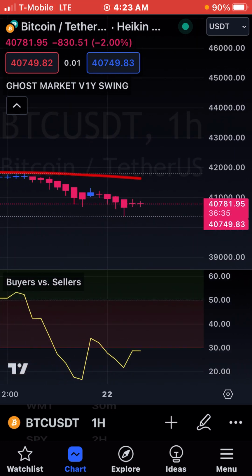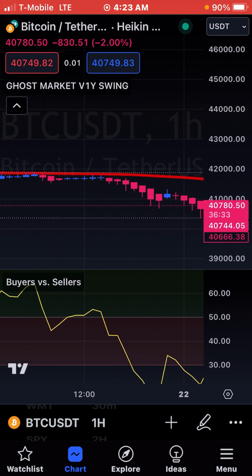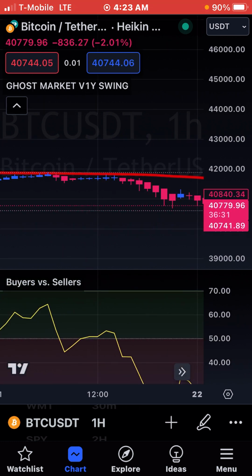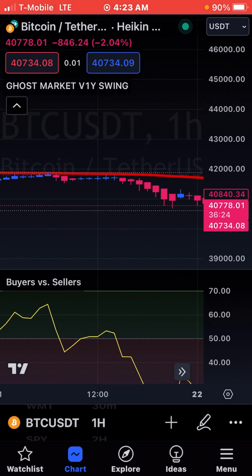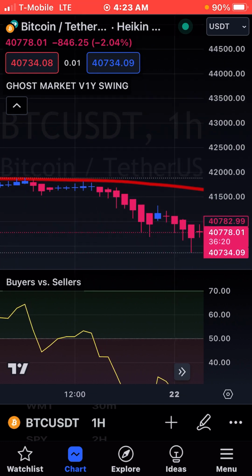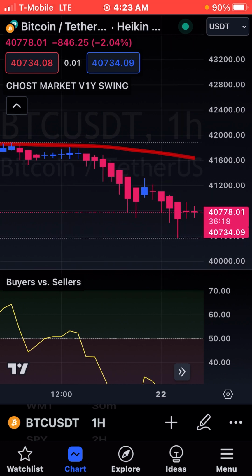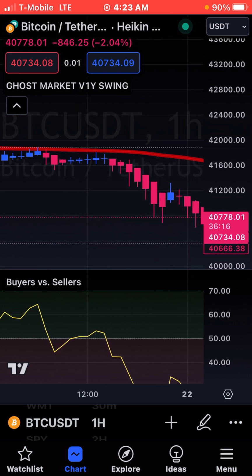So what I look for is it has to hang out in the upper part for a while, or the lower part. And the buyers have to become sellers, or the sellers have to become buyers. And it's important to look at your Ghost Market Pro to know the overall direction here.